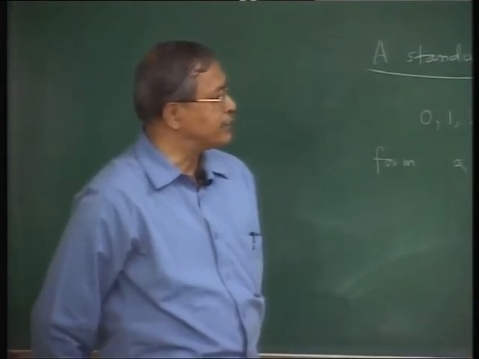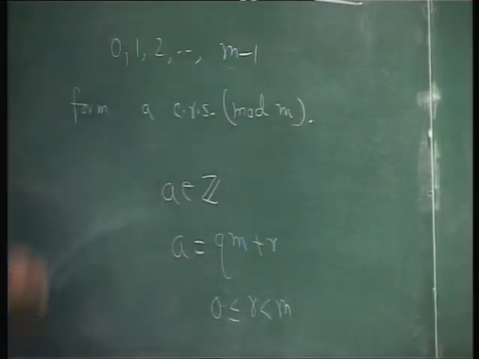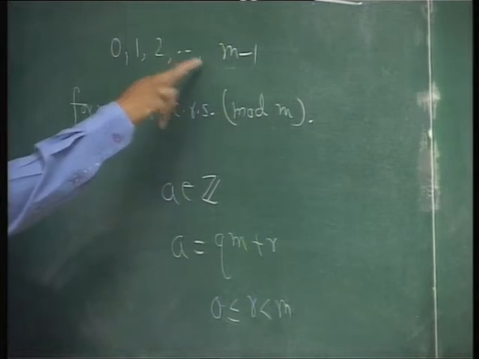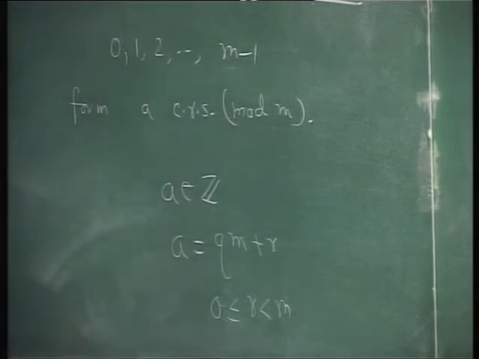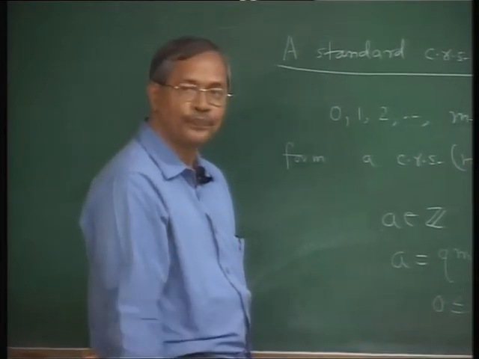Moreover, we want uniqueness. Is A congruent to 2 of these numbers? That is not possible, because if A is congruent to 2 of these numbers, then these two numbers are congruent to each other mod M. Their difference is divisible by M. Now, if the difference is divisible by M, and the difference is less than M in absolute value, then it has to be 0.